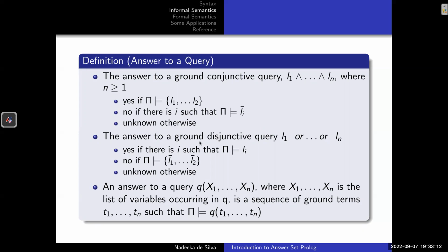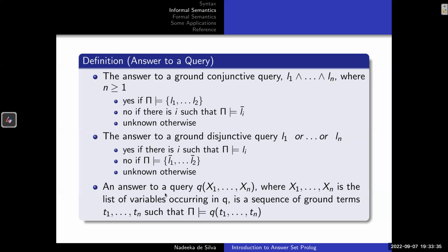Answer to a ground disjunctive query with this O operator is yes if the program entails at least one of these. No if the program entails the negation of all of them. Unknown otherwise.